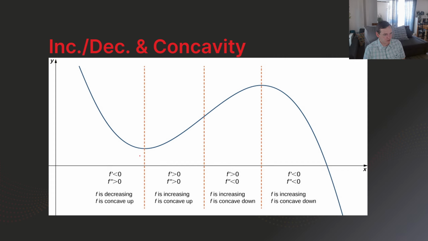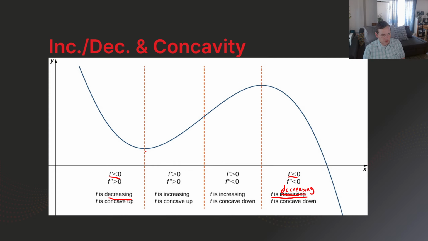Okay, increasing and decreasing along with concavity. We've got a nice illustration of everything here. In this first section, the function is going down, therefore it is decreasing, so we know the first derivative is less than 0. Same thing for this last part, which is actually a typo from the textbook, and it should say decreasing.